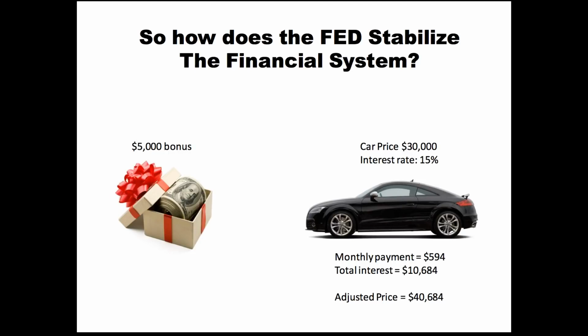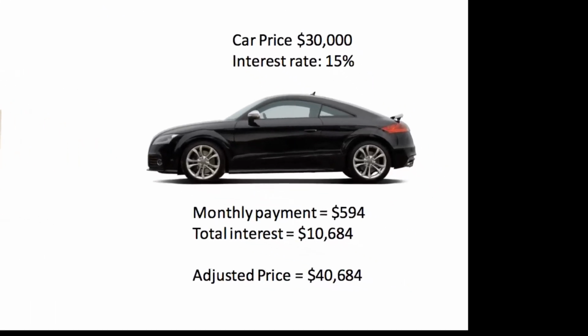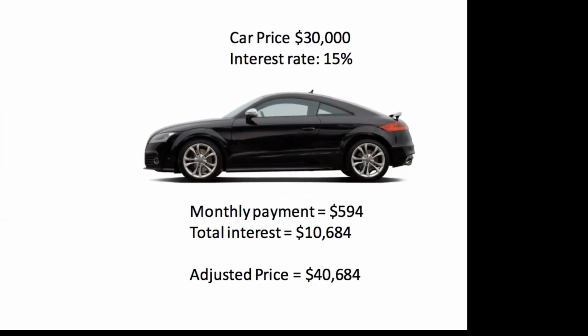So let's look at what happens when you go to the dealership and you look at the car price, and it's perfect. It's $30,000, which is under the amount that you wanted to pay. I'm going to use a real extreme interest rate here just to highlight and exemplify something for you. Let's assume that the best interest rate you could get on this car would be 15%.